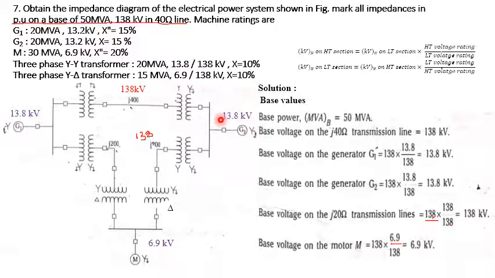For generator G2, what they have mentioned is 13.2, but the new value is 13.8. Coming back to the motor, the old value is 6.9 and the new value is also 6.9. There is no difference. That's why I'm requesting you, once you calculate, to mark all the new values we got, then only can you solve the numerical. This is going to help you.